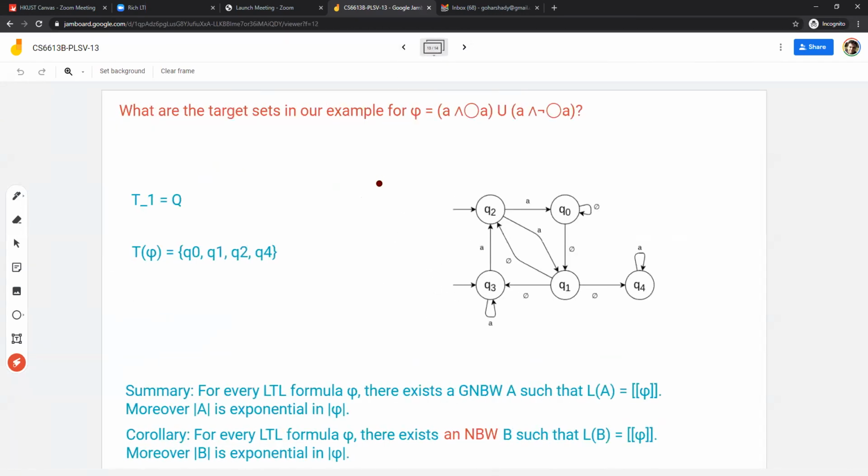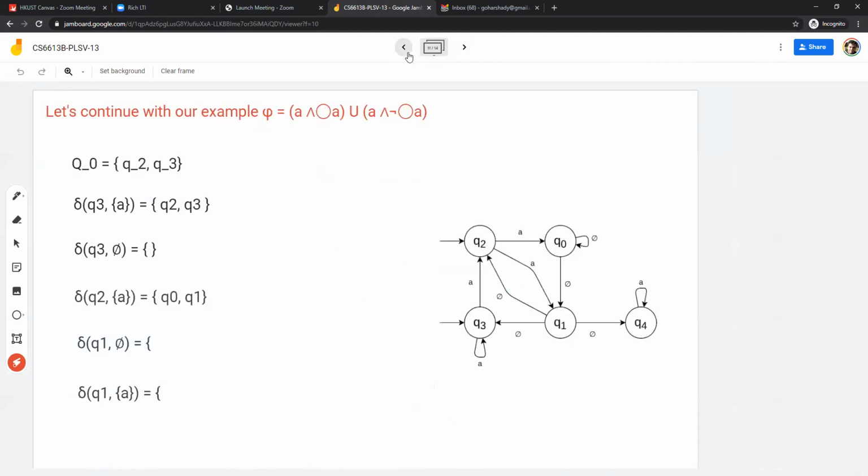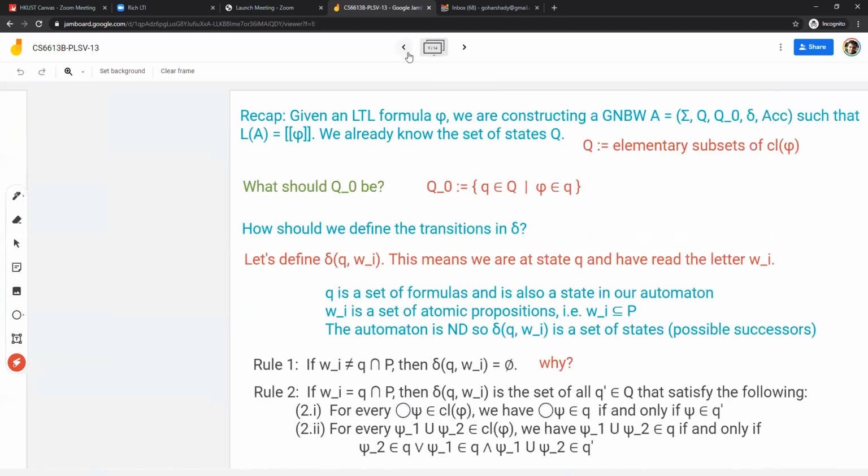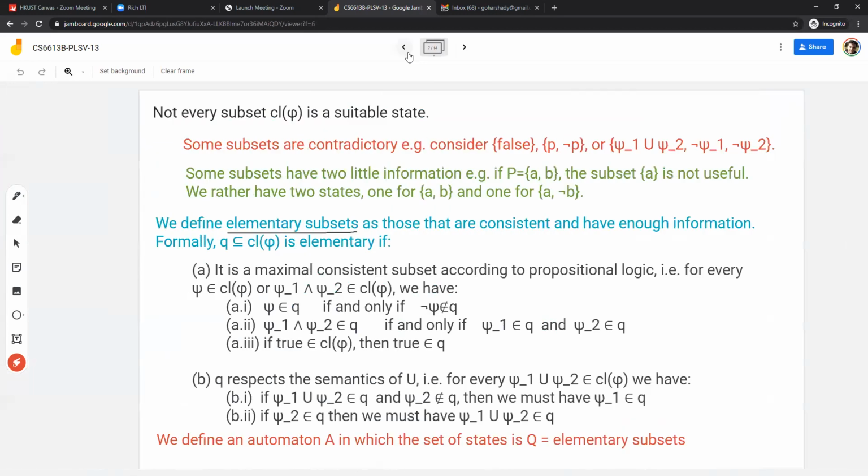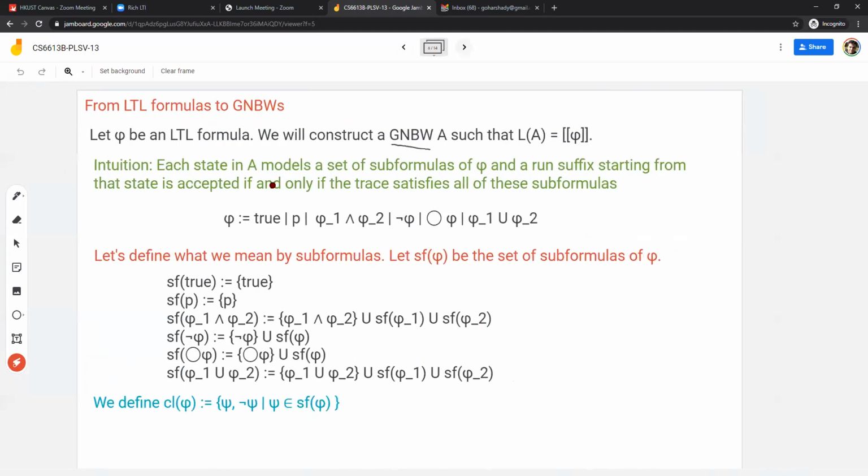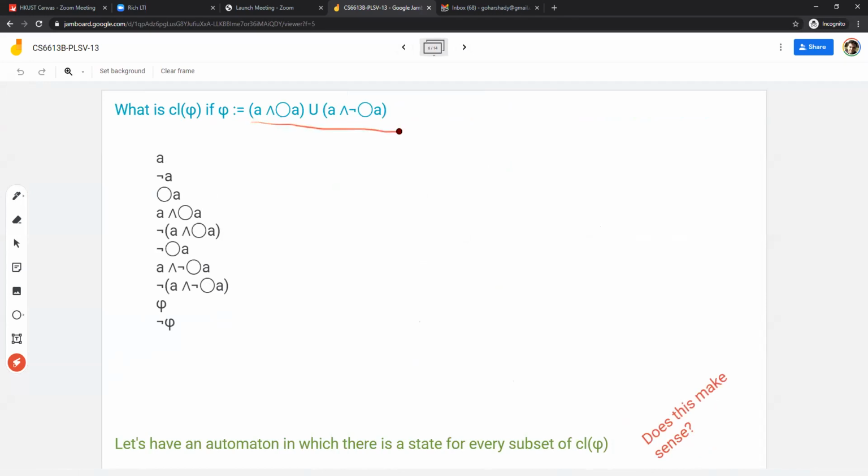I just wanted to say one small word about the runtime again. If you start with a formula phi, and let's say that the length of this formula is n, how many subformulas can you have?